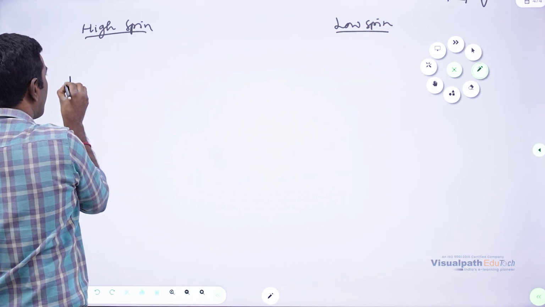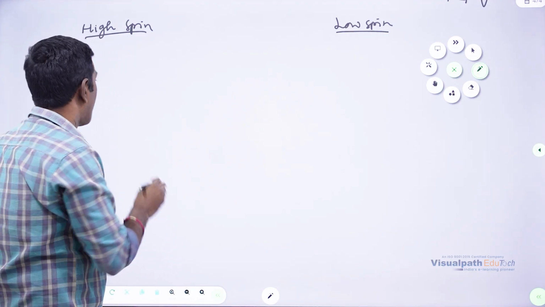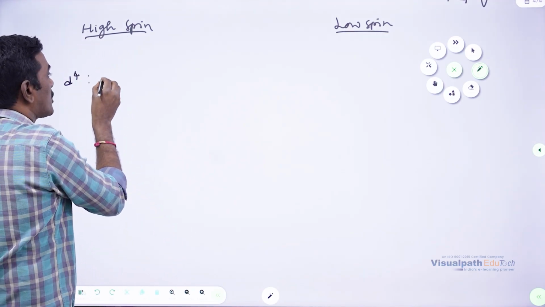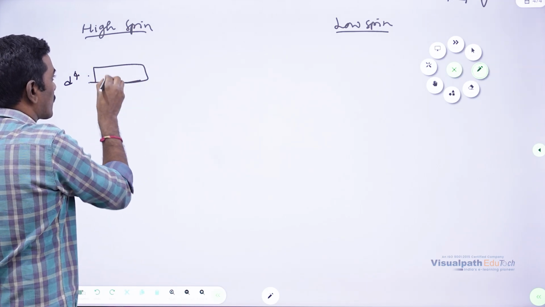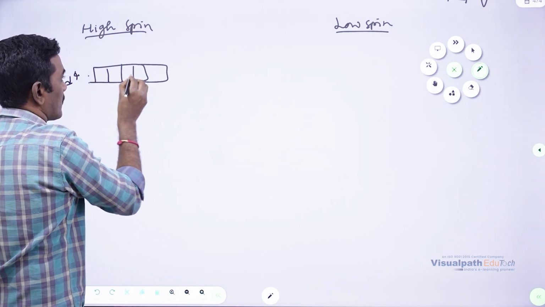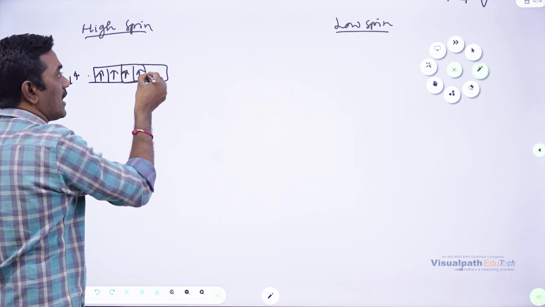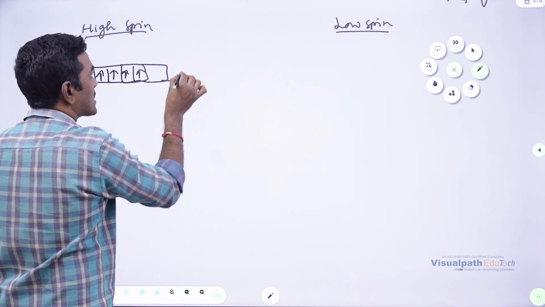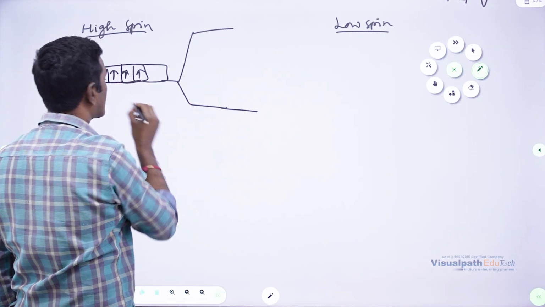For d4, if you are considering, it is obviously going to be 5 d-orbitals, 1, 2, 3, 4, and this one is going to be empty. Once after splitting, how much is going to be?